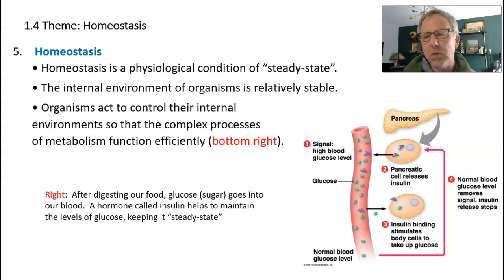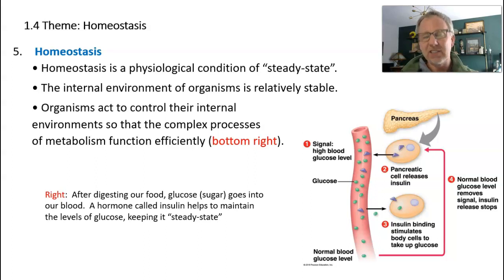If you have too much sugar in your blood, that can be very harmful and damaging to your body. So you have to keep your sugar amounts in balance. There has to be a homeostasis of your sugar concentrations. Your pancreas, one of your organs, the cells of your pancreas, release a hormone called insulin.